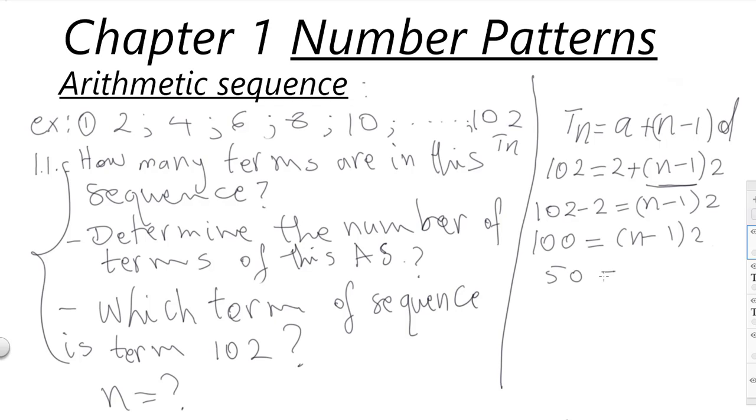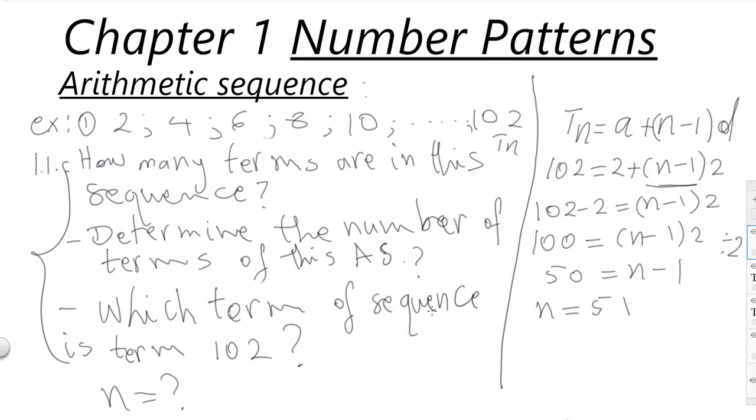And then here we have n minus 1. When you transpose, you divide both sides by 2. So what will be here? N equal to 51. So how many terms are in this sequence? 51. Determine the number of terms in this sequence: there are 51.